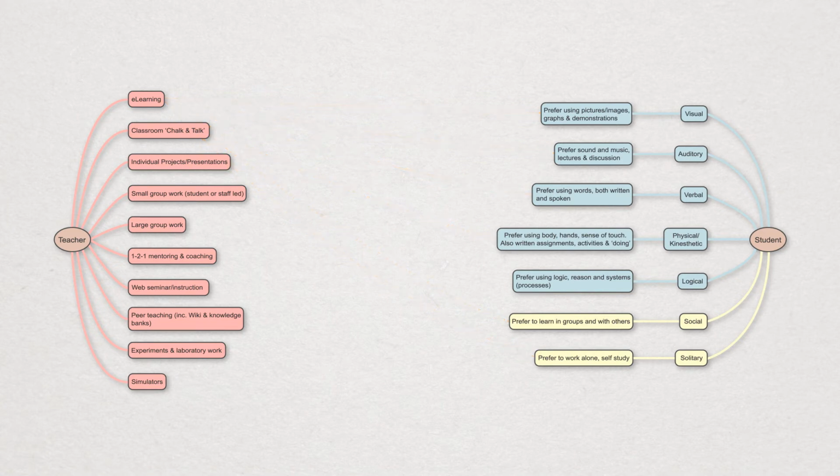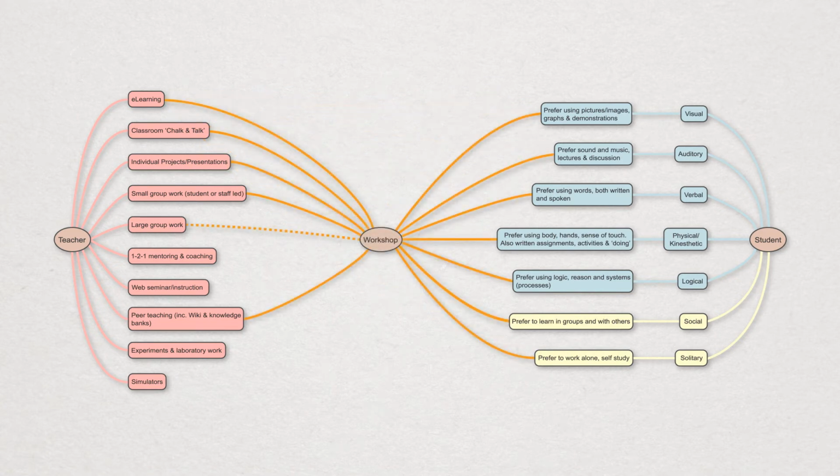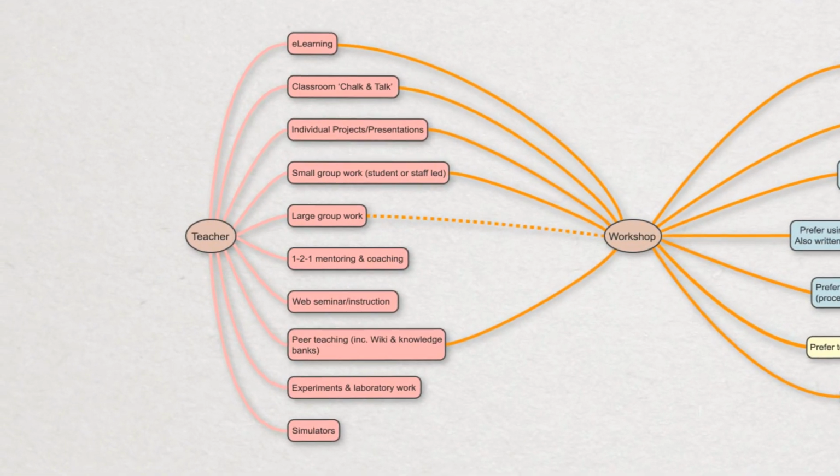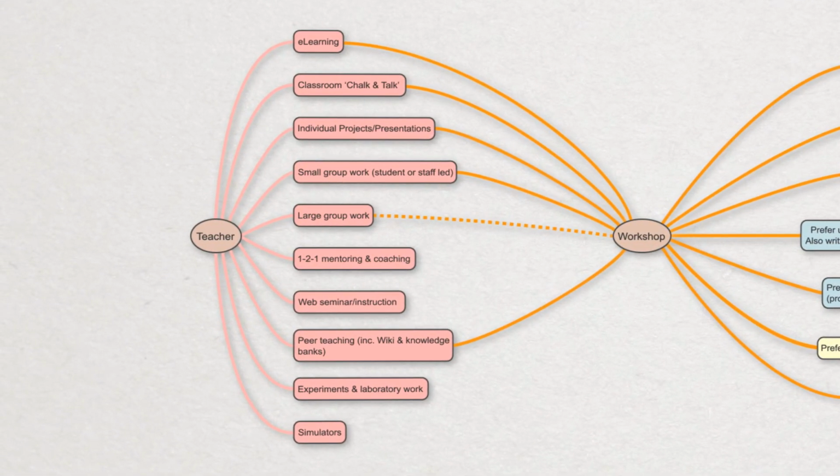If we take the example of a tutor-led workshop, we can see how this may fit in with multiple teaching methods and learning styles. The preparatory material could be delivered using e-learning, allowing the learner to prepare at their own pace. This may then be followed with a session of chalk and talk with a tutor, as the ideas are expanded on further and questions are posed to the learners.